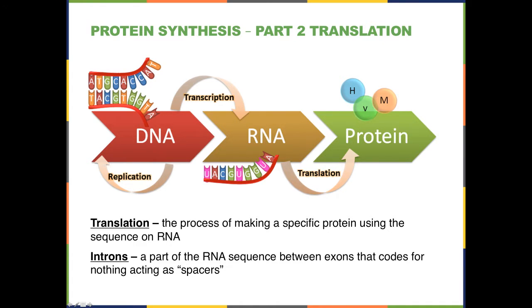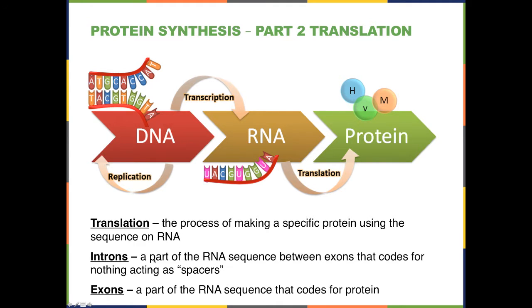Now, the RNA that's produced is actually composed of two regions. One region is called an intron and one region is called an exon. Now the exons are the actual functional parts, the part of the RNA that actually codes for protein.